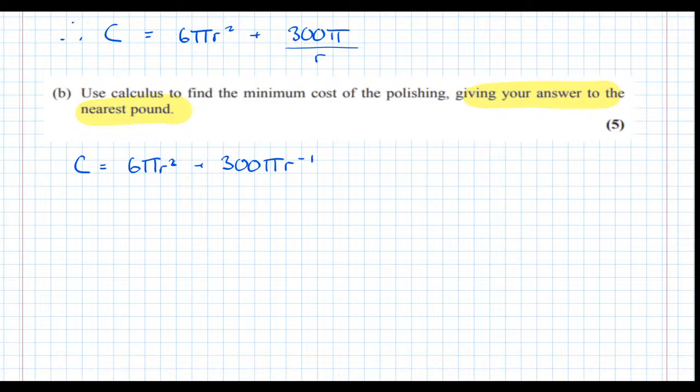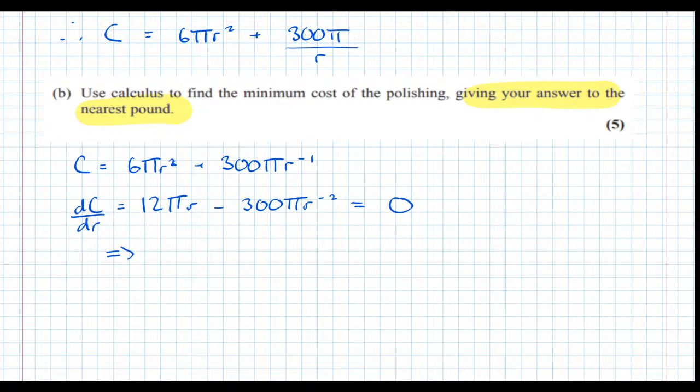So now we'll find the minimum cost, so we're going to need to differentiate. The variables are c and r, so dc by dr equals, differentiating, we get 12 pi r minus 300 pi r to the minus 2, which is equal to 0 because it's a stationary point, in this case a minimum that we're finding.